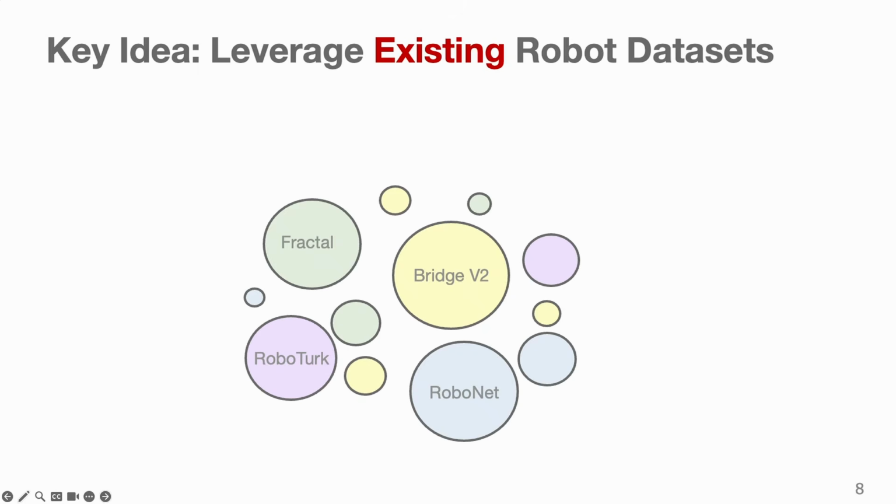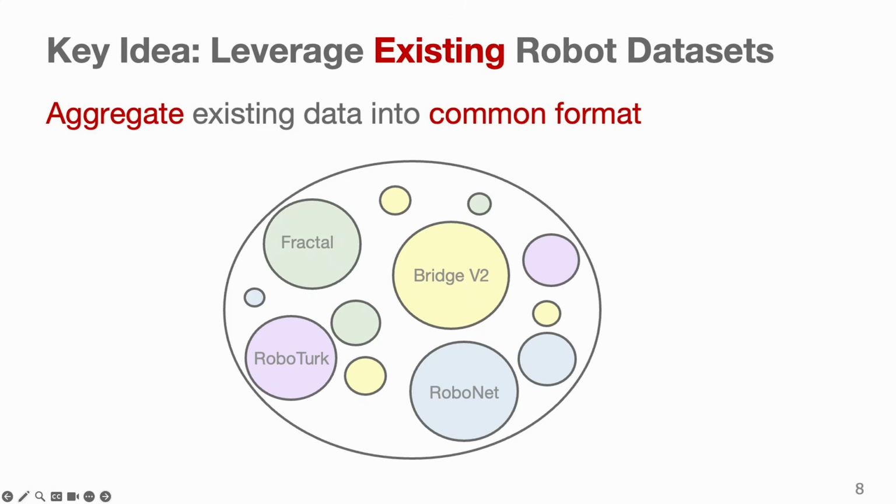And so when I was wrapping up my PhD, I was able to collaborate with Google on this project called the Open X-Embodiment data set, where we essentially went and asked all our friends in different labs around the world if they had any available robot data. Then we aggregated all of that and put it into a common format that allowed co-training on it.